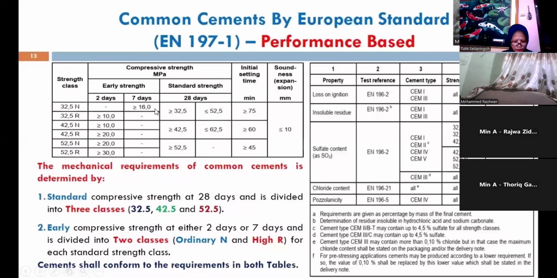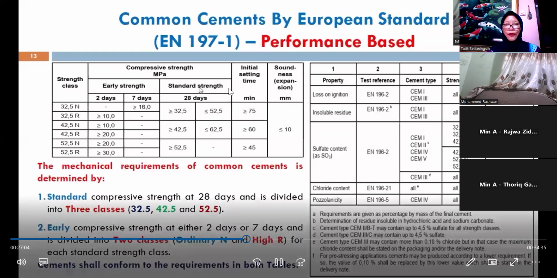For example, for the 32.5 strength class, I will tell you something. The compressive strength here is not for cement only, but for cement and sand, for a mortar mix. We make a mortar mix and measure the compressive strength at 2 days, 7 days, and 28 days.